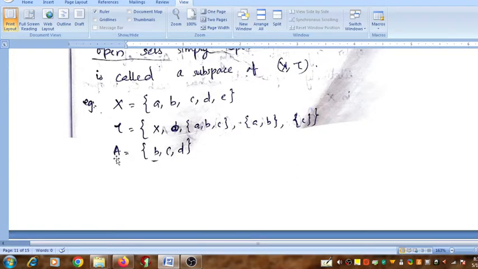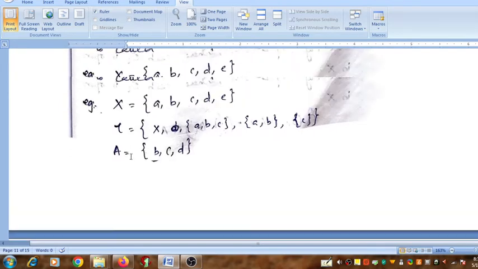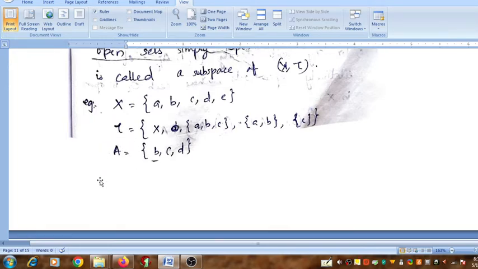And we consider a subset A of the set X. Let A be a subset of the set X. That subset is b, c and d. Then the question is, how can we determine a topology for this subset A?